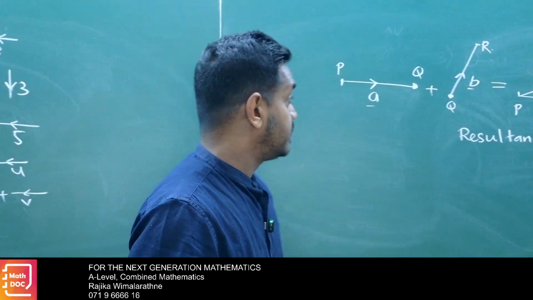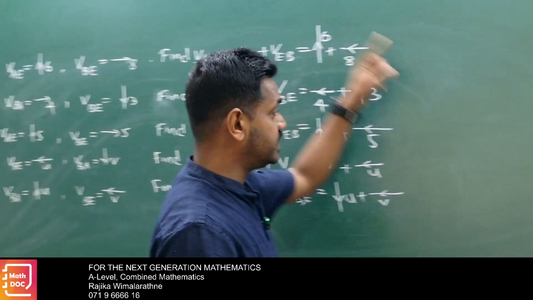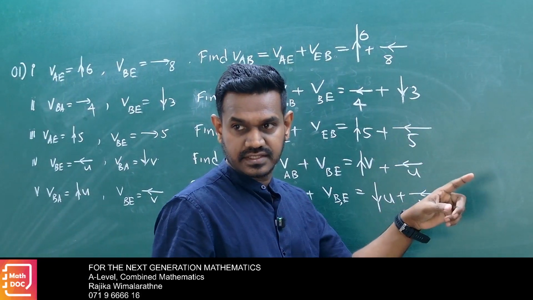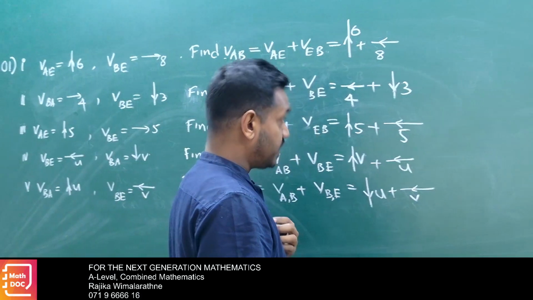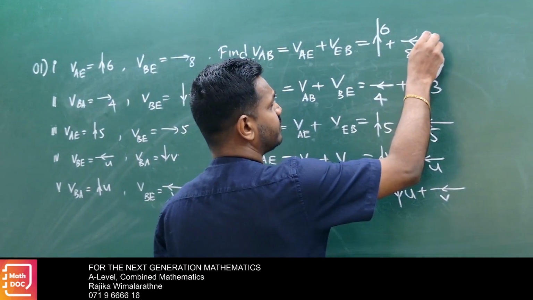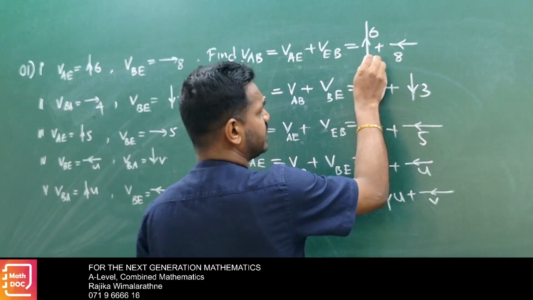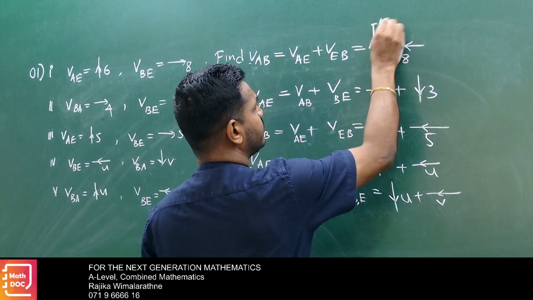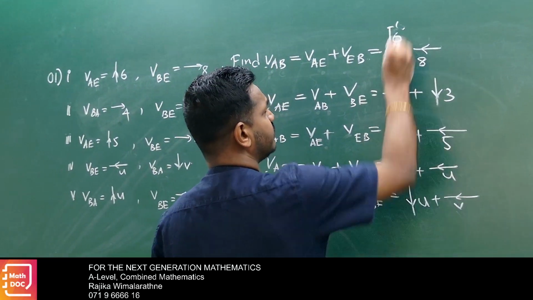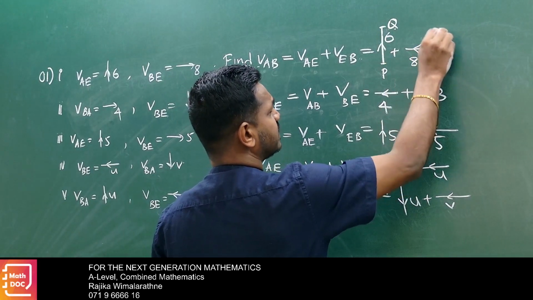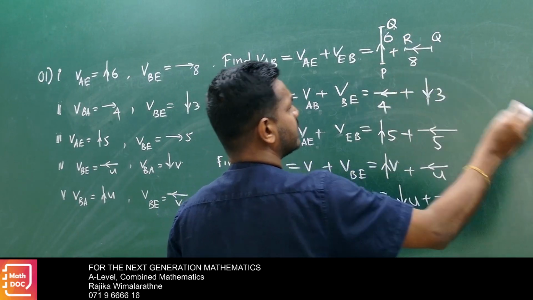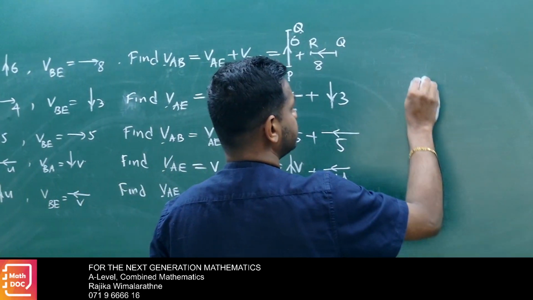Okay, then for these cases, we can sketch velocity triangles. So that PQR notation is very important. First you can take any one here, say P, Q. Then start the other vector QR. Then sketch it.